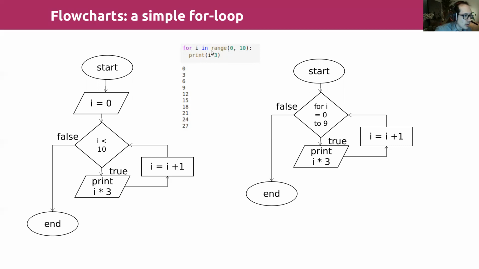When we decided it was going to be a for loop, we've included incrementation or iteration explicitly. Another way to do a flowchart for this data structure is like this. We just say here, for i equals 0 to 9, do the following. And we could even omit this incrementation operation here.